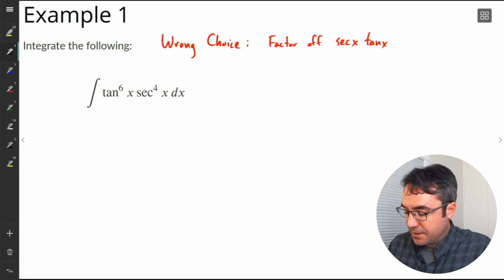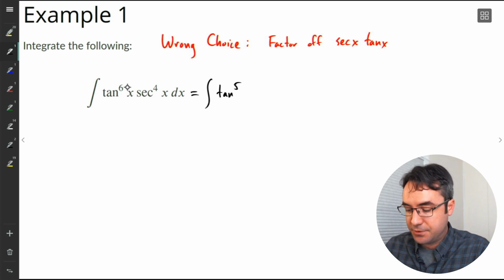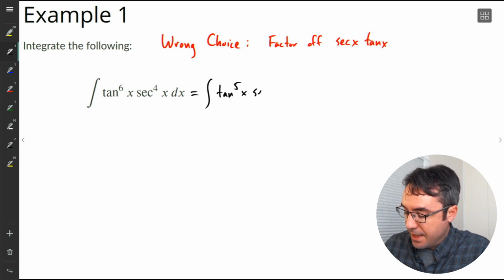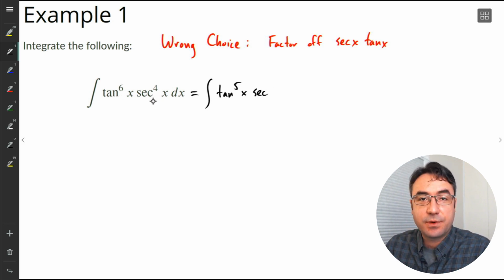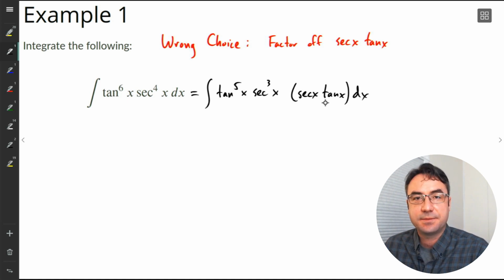All right, so let's see what happens when we factor that off. So we're going to have the integral of tangent raised to the power 5. So I'm going to take one of the tangent terms from here. Then I'm going to take one of the secant terms from here, so I'll have secant cubed. And I'm going to group them together, and I'm going to put them next to my differential dx.